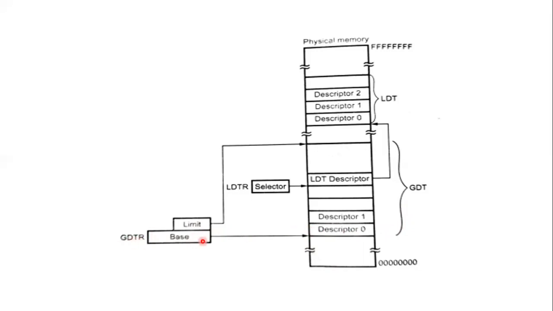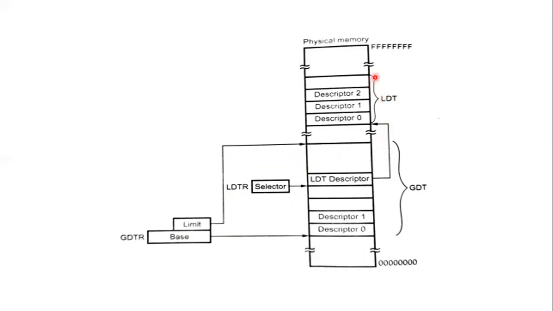See, this is the GDTR pointing to the base address, because the GDTR will always point to the base address of the global descriptor table itself. Then this area comprises the LDT tables, local descriptor tables. And this limit is pointing over here. This is the limit of your GDT.